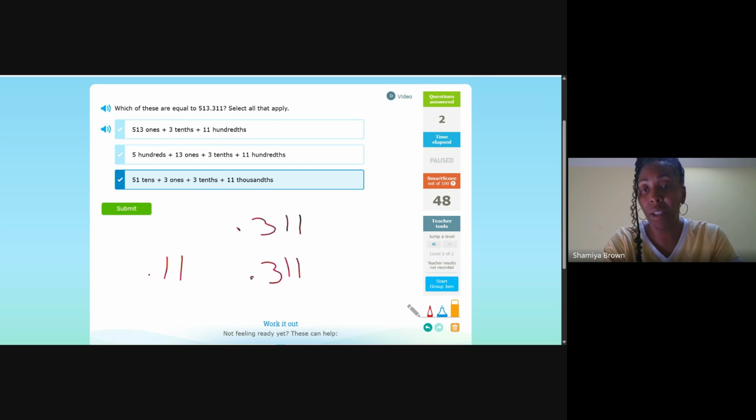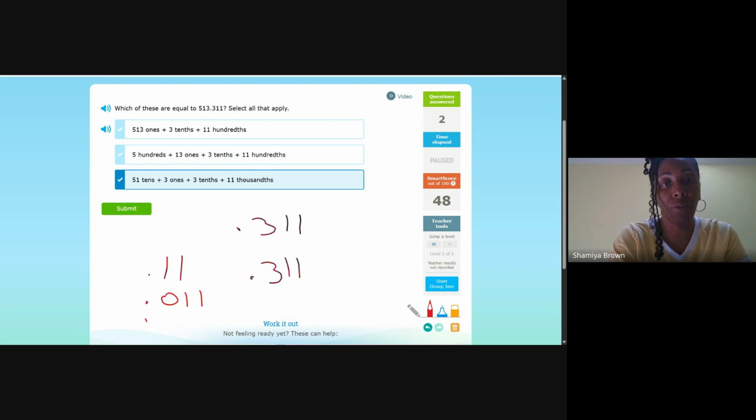Let me rewrite that just so you can see me thinking through this process. So this is 11/1000, and this is 11/100. So this is 311 thousandths. So this says 11/100, but putting the 3 in the tenths place is what's confusing me.